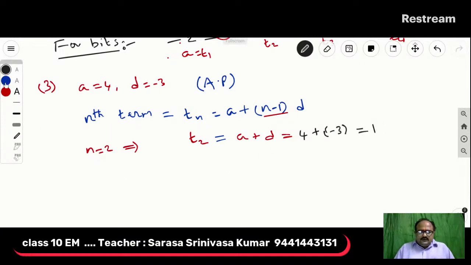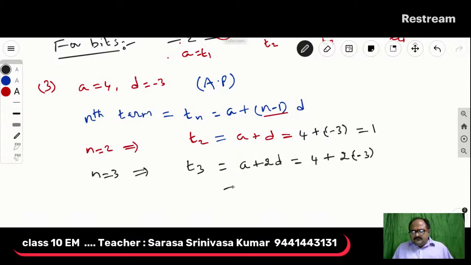Next we calculate n equal to 3. When n equal to 3, we write T3. T3 equal to a plus 2d. This is equal to 4 plus 2 multiplied by minus 3. Here d is minus 3. So this is equal to 4 minus 6, equal to minus 2.